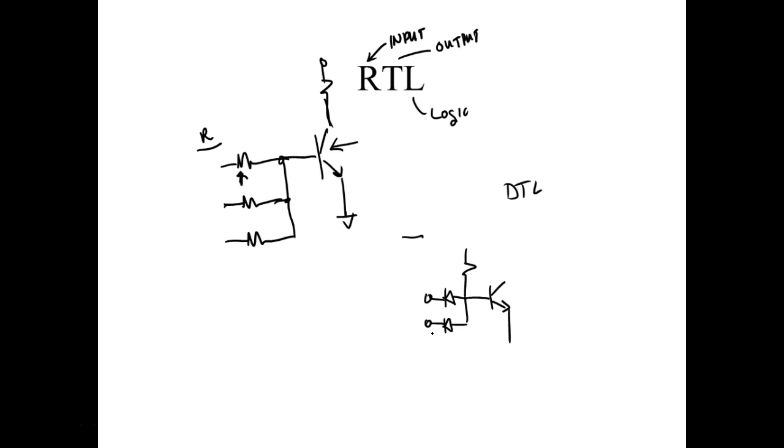That makes sense? Now we're dealing with something called TTL. So what does that mean? It means we're going to input on what? Transistors. We're going to output on transistors. And so this is the logic we're going to be doing. Make sense?